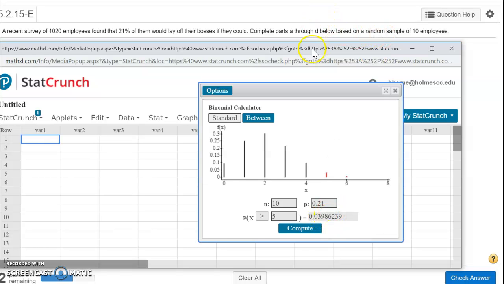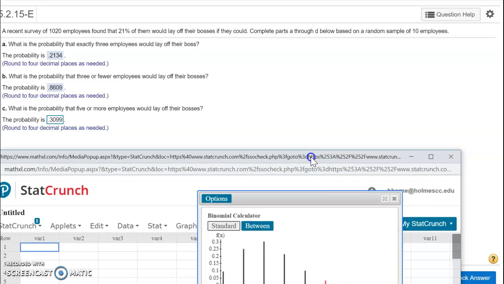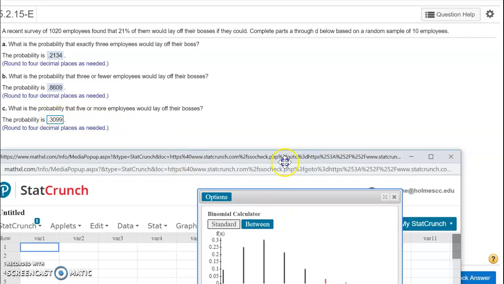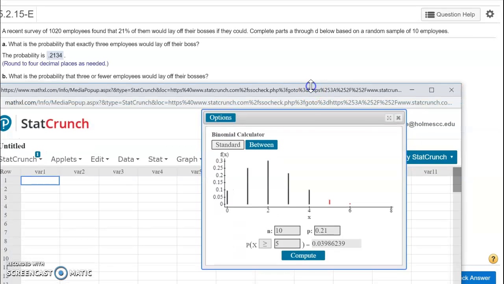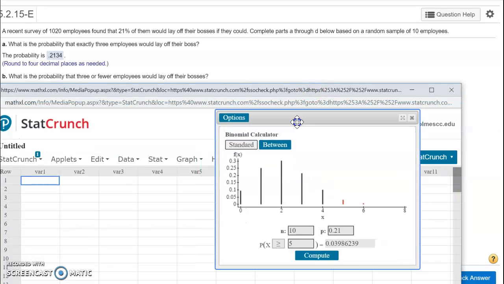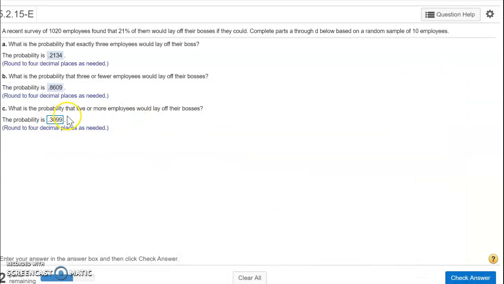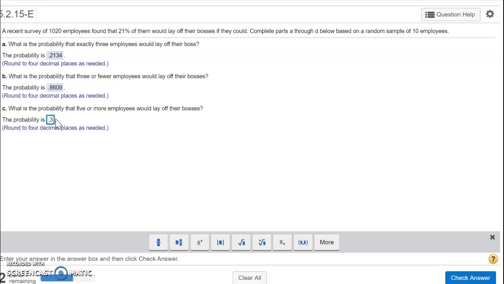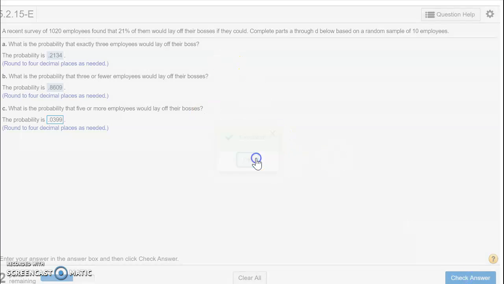These numbers get so small. It's 0.0399, so I didn't put that right. It's what happens when you start staring at too many numbers. I know y'all understand.